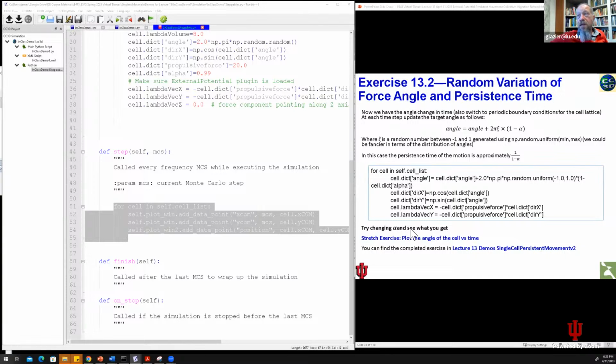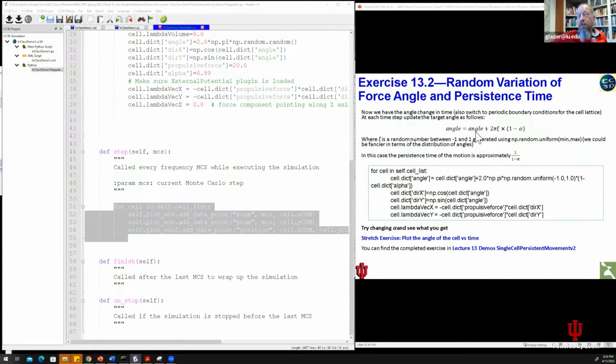Now, in the step function, what I'd like you to do is update the force. The way I want you to do this is we are going to imagine that the angle we start with is going to gradually drift randomly. We could do that in a lot of different ways, but what I would suggest as a simple case would be I take the angle that I have.